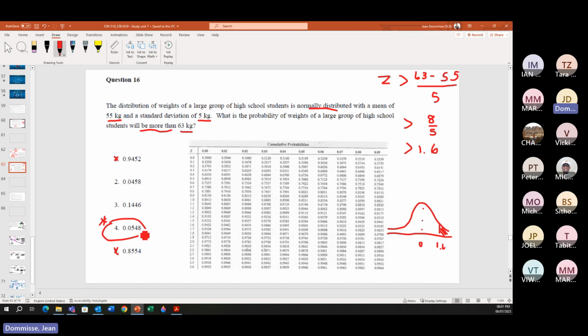So again, very similar to the previous one, we're looking for that smaller area. We can get it by 1 minus this big area, but we can also look at the negative table, because we know that on the left and the right it's exactly the same because it's symmetrical.